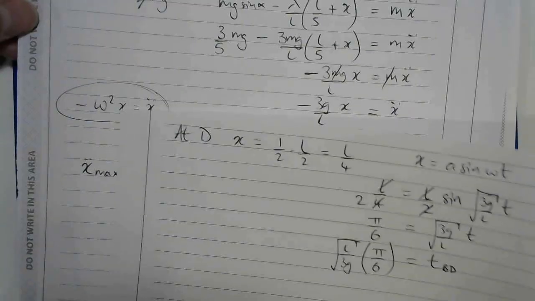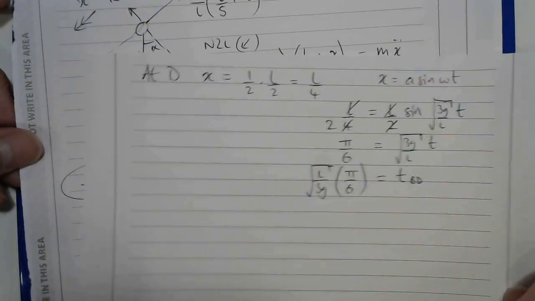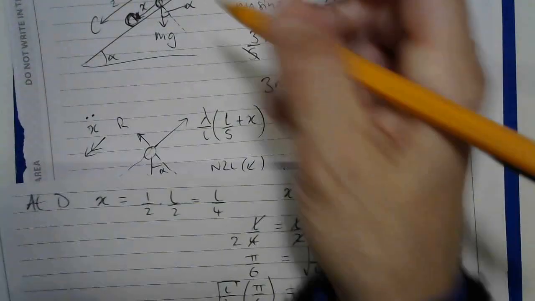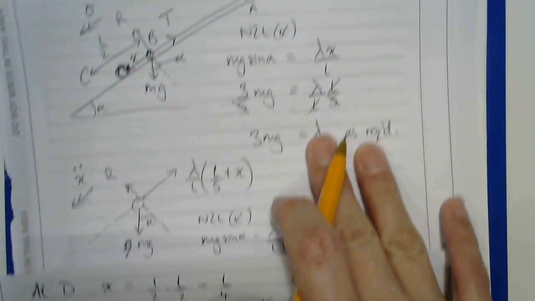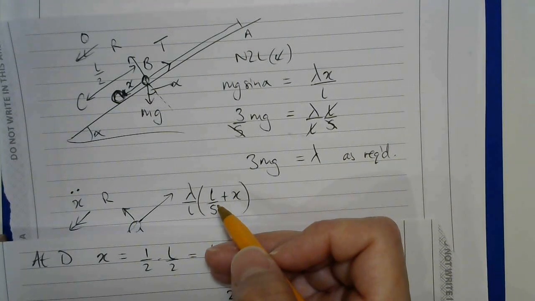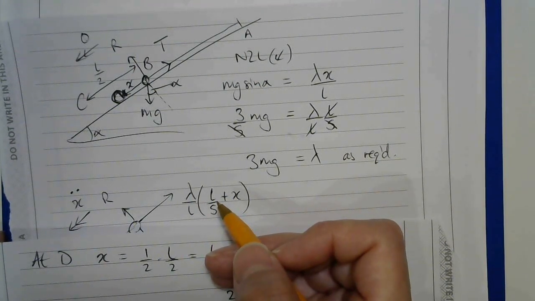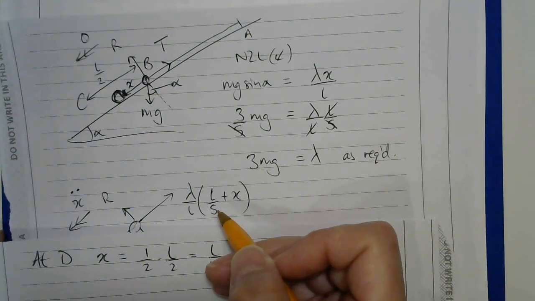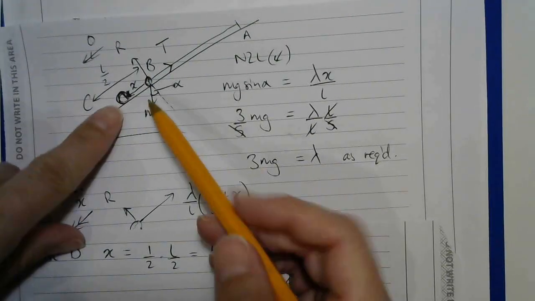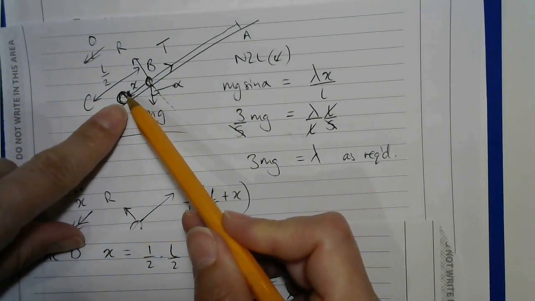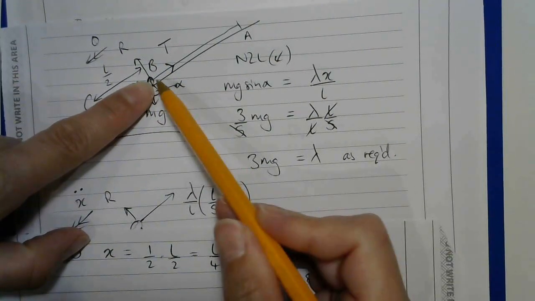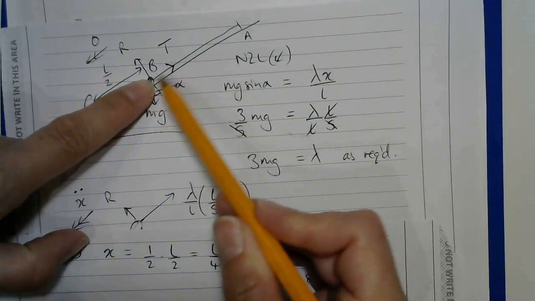Okay, so when does it go slack? Well, it will go slack when the string goes back to its natural length, coming back up here. So if you remember, it was extended by L over 5 initially to reach the equilibrium position, and so we would need x to be L over 5, but in this direction, so negative L over 5.